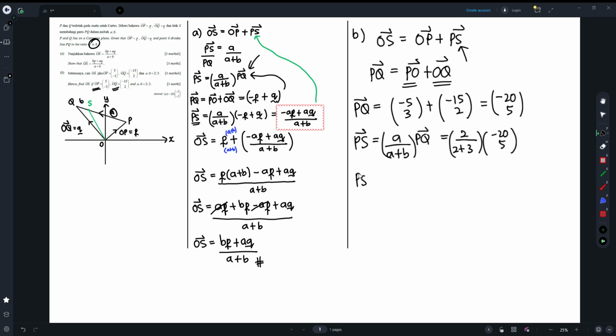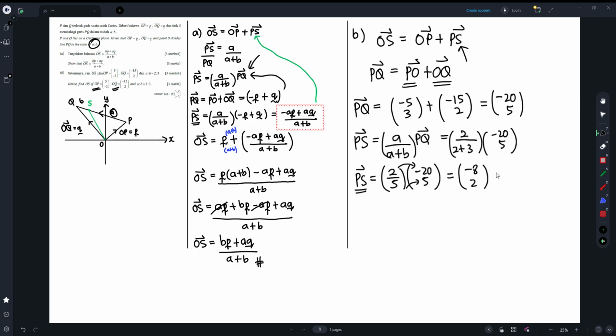So my vector PS now becomes 2 over 5 into negative 20 and 5. Guys, please take note, this 2 over 5 must be multiplied for both numbers. So you'll end up getting negative 8 and then 2 as the final answer for PS.